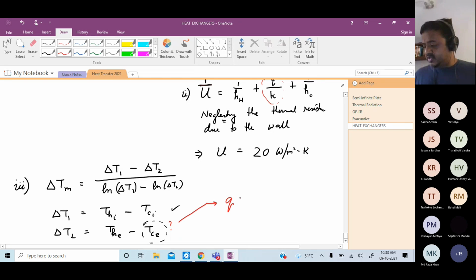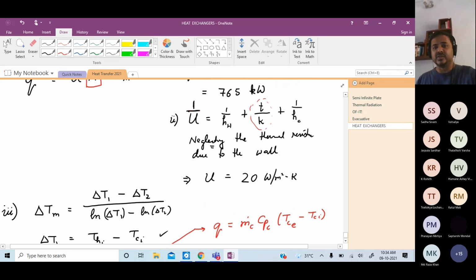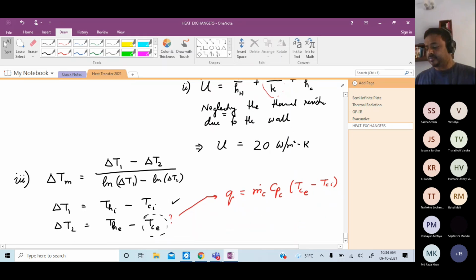Here, I will say that Q is also equal to m dot c CPC times TCE minus TCI. I know everything because Q I just calculated it to be how much? 765 kilowatts. M dot is 5 kg per second. This also I know, 1020 joules per kg Kelvin.